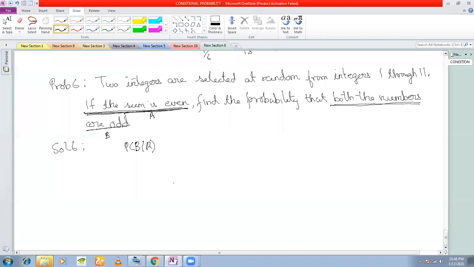So let us form the events. Let us write it properly. Let us form the following events.